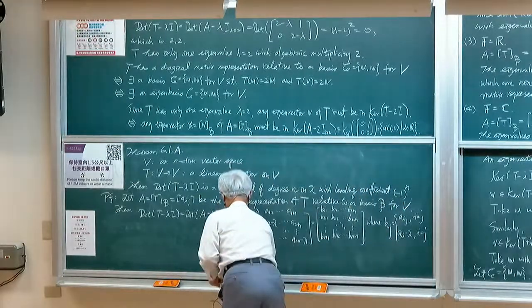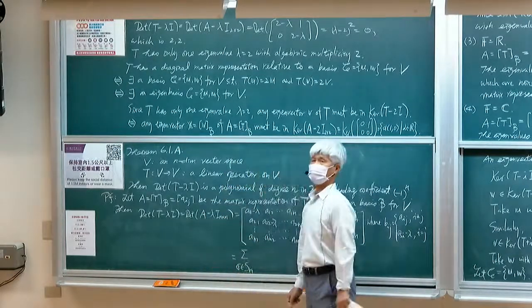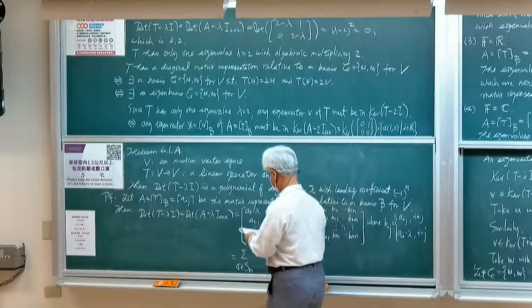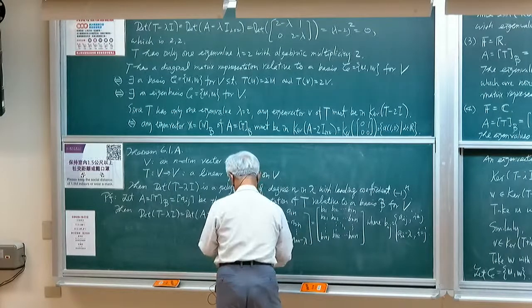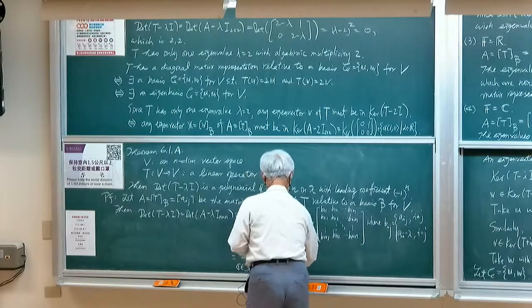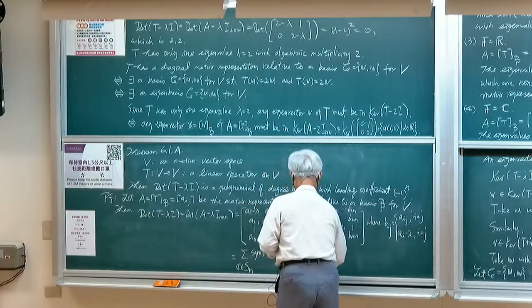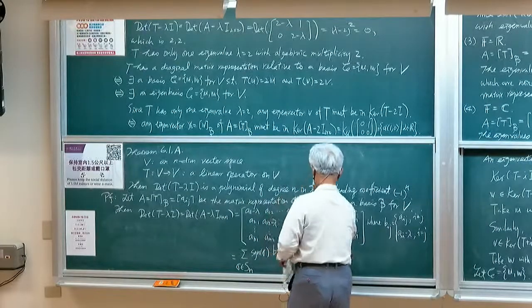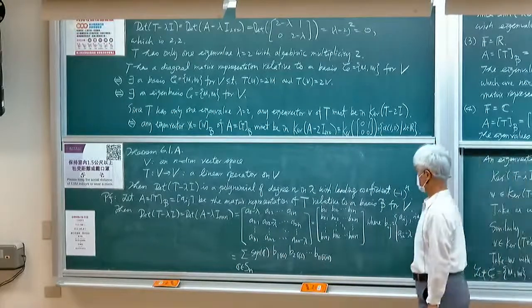For every permutation sigma in the symmetric group Sn, we take the sign of the permutation times B1 sigma(1), B2 sigma(2), up to Bn sigma(n).